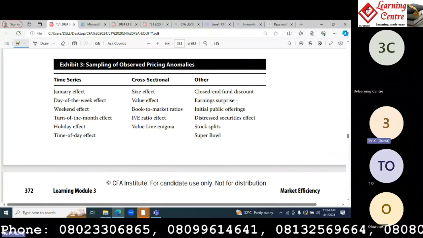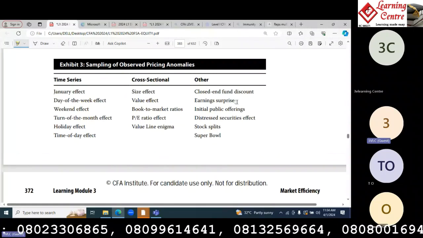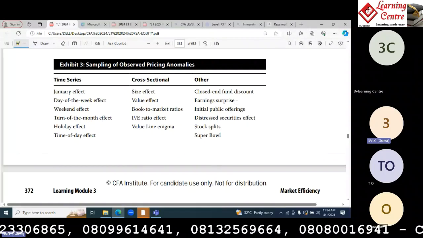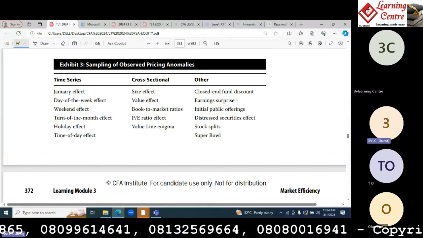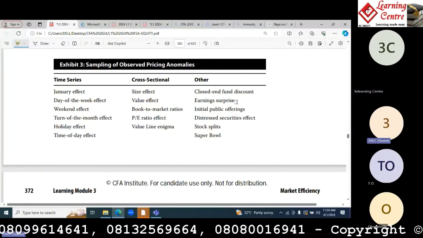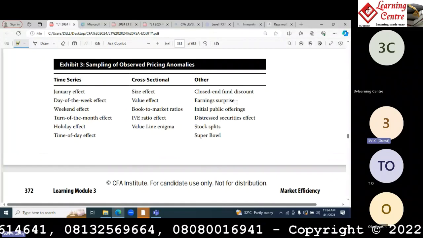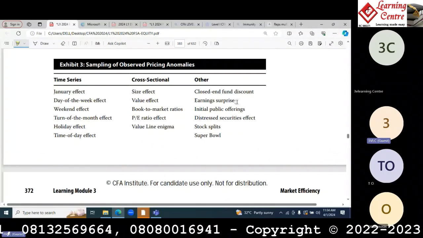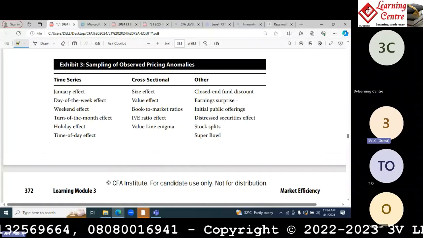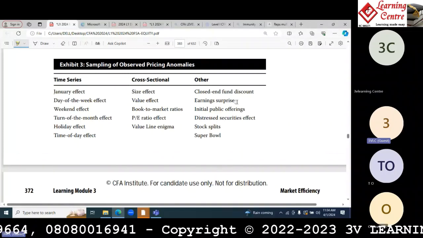Then day of the week anomaly. So we've noticed that the market is relatively always quiet on Fridays and very active on Mondays. So quiet on Fridays because everybody's tired, everybody just wants to go and do TGIF and go for the weekend.